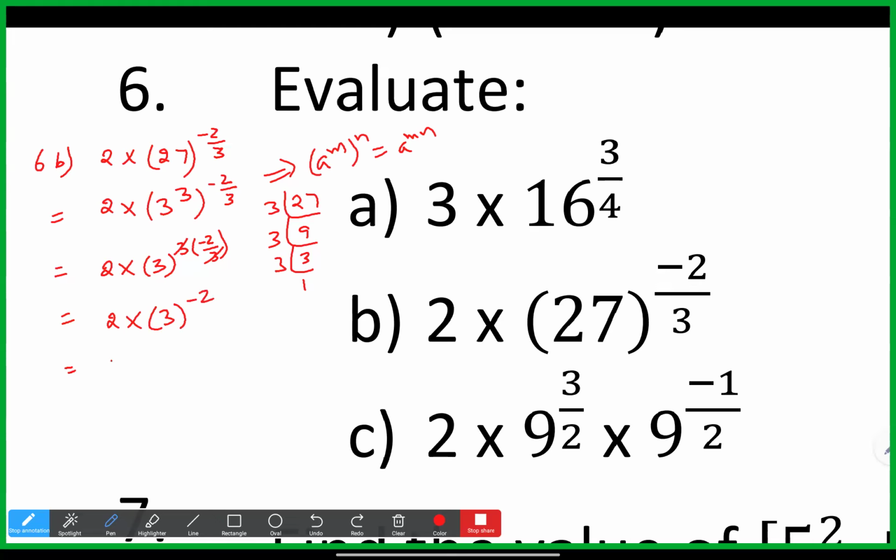Here again a power minus n is equal to 1 by a power n. After too many sums, we got this law again. So what do I have to write now? Sir, a power minus n is 1 by a power n, law of exponents. So 2 into 1 by 3 power 2.